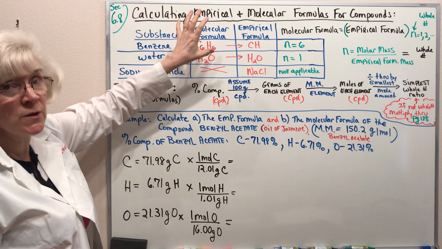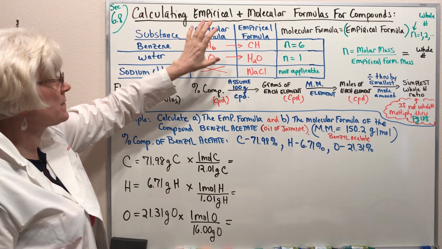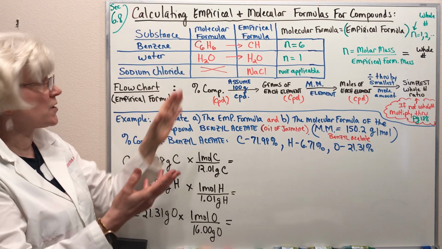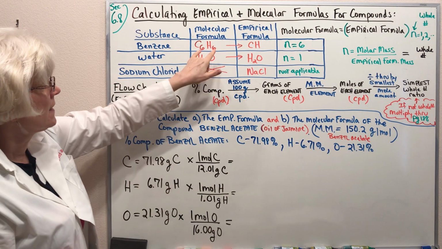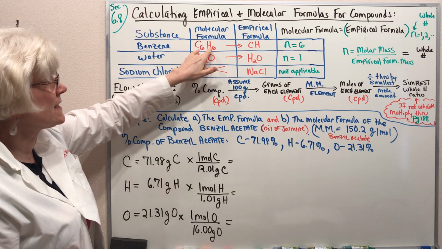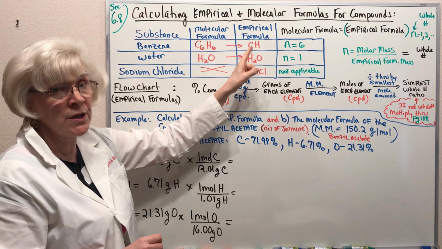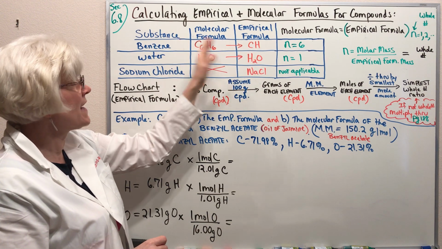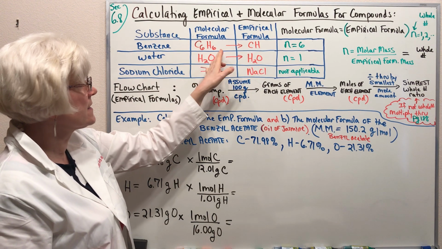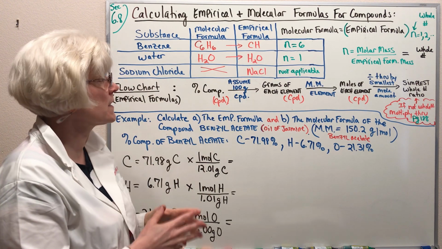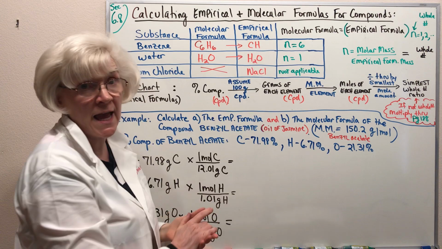These are the actual numbers of carbon and hydrogen atoms present in the bonding structure that makes up the molecule. But I immediately see that C6H6 is not the simplest whole number ratio for benzene. We can divide the subscripts through and come up with an empirical formula for benzene of CH.